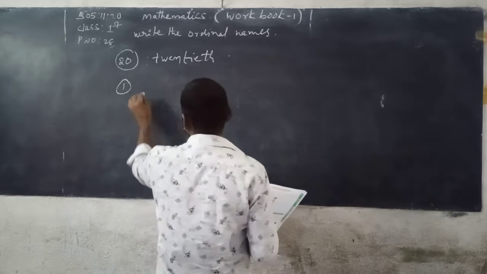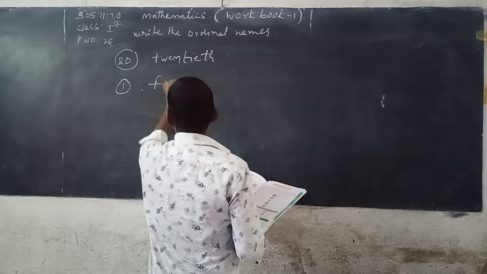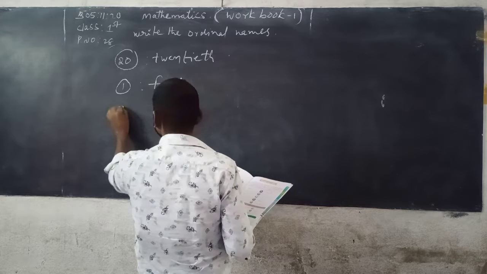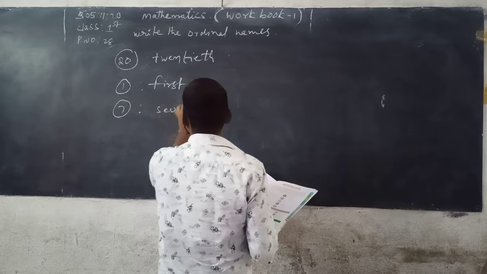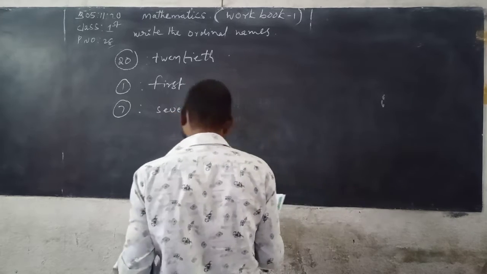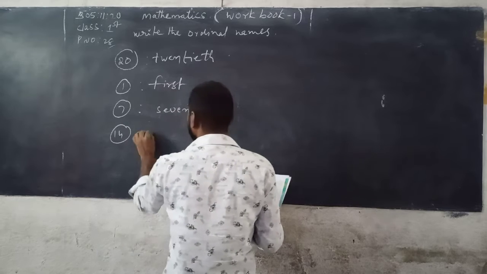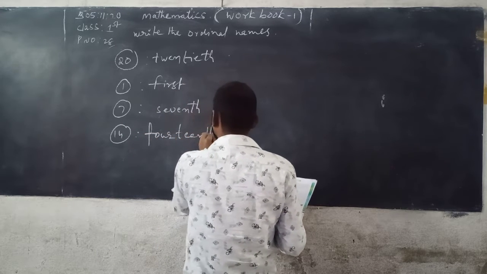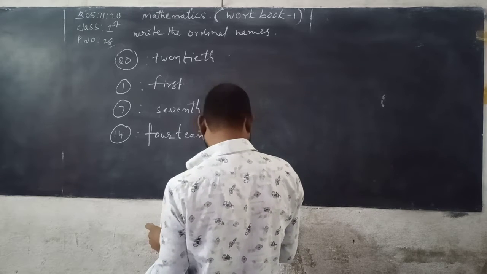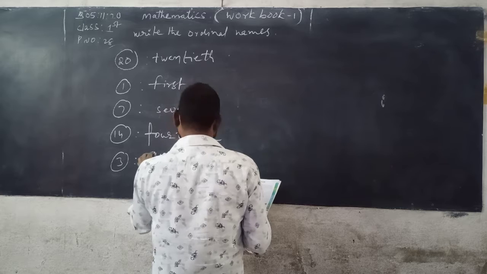So this is called the ordinal name, first. Now this is 7th. This is 14th. Third.